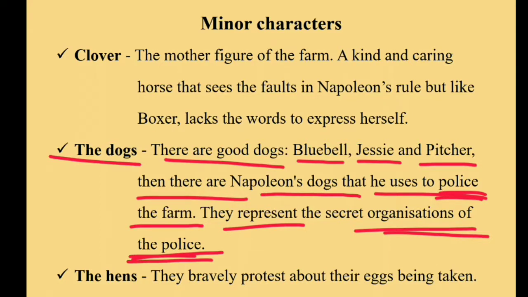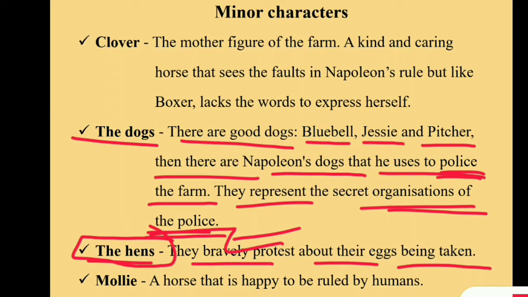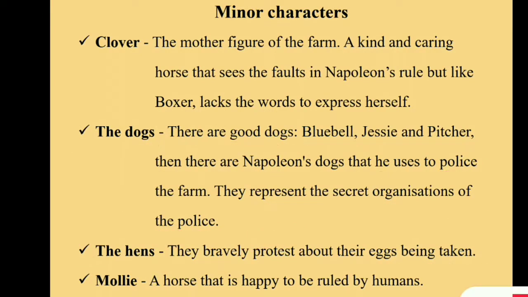Okay, the hens, they bravely protest about their eggs being taken. Here, another character is hens. Okay, even though they are so fragile, they can be diminished very easily compared to other animals, but still they are brave. Okay, they are able to voice against the injustice which is being done to them. Next is Molly, a horse that is happy to be ruled by humans.